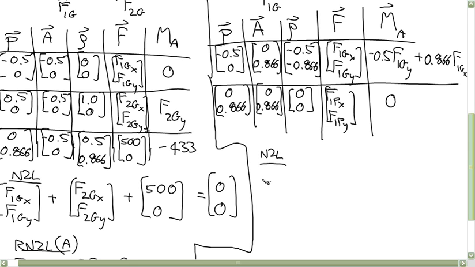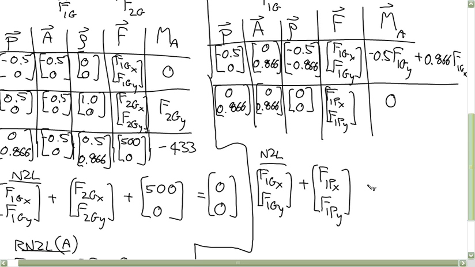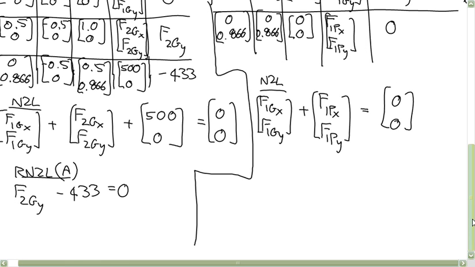So Newton's second law says F1gx, F1gy plus F1px, F1py is equal to 0, 0.